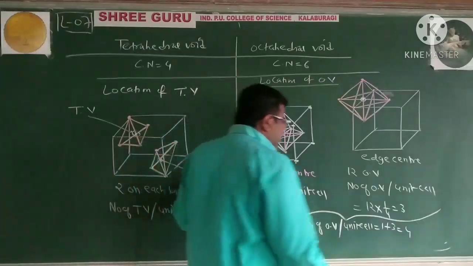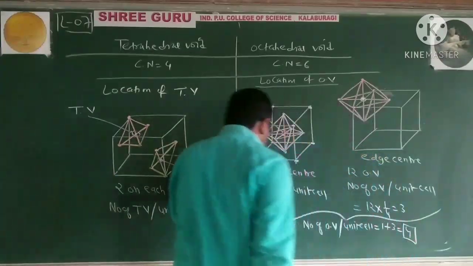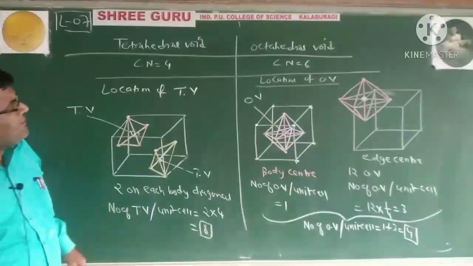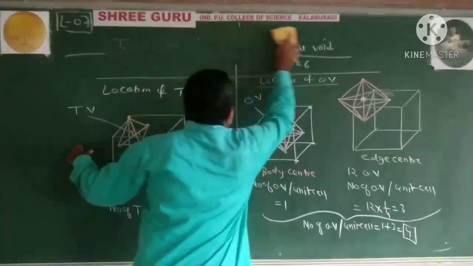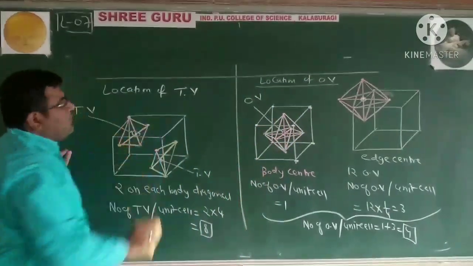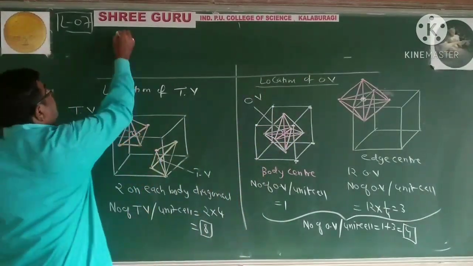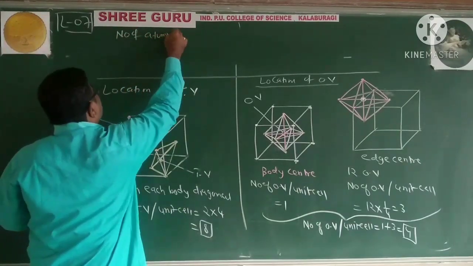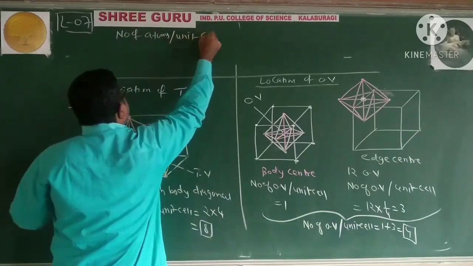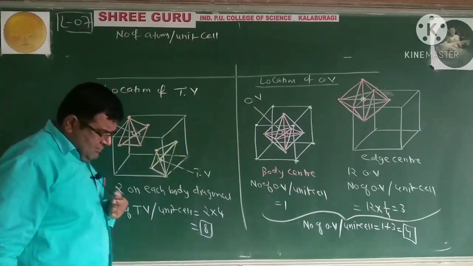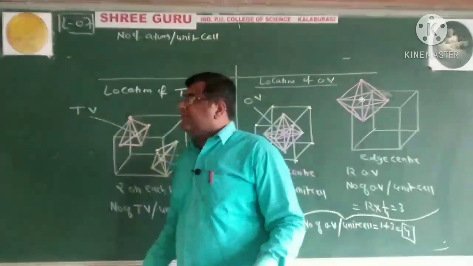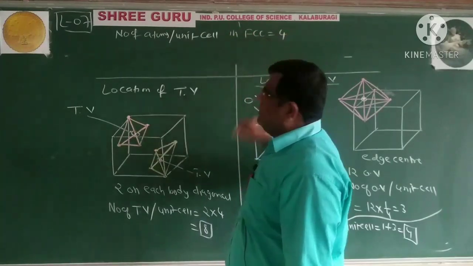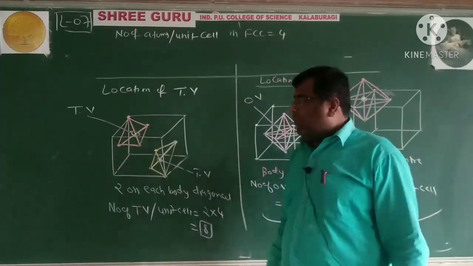And the number of tetrahedral holes per unit cell is equal to 8. Already we have explained that. So the conclusion is, the number of atoms or particles per unit cell in FCC is equal to 4.